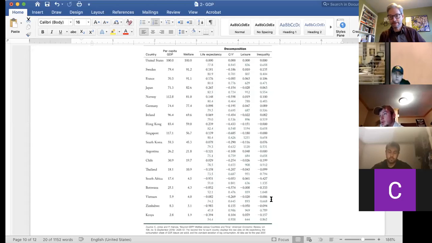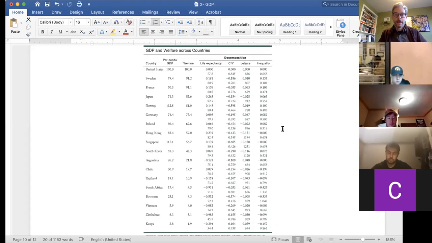And without going through the details of this, I'll just tell you that all of these things are pretty highly correlated, right? Countries that have high GDP also tend to have high life expectancy. They do tend to consume more leisure, so that relationship is not perfect. And inequality is a little bit more complicated.